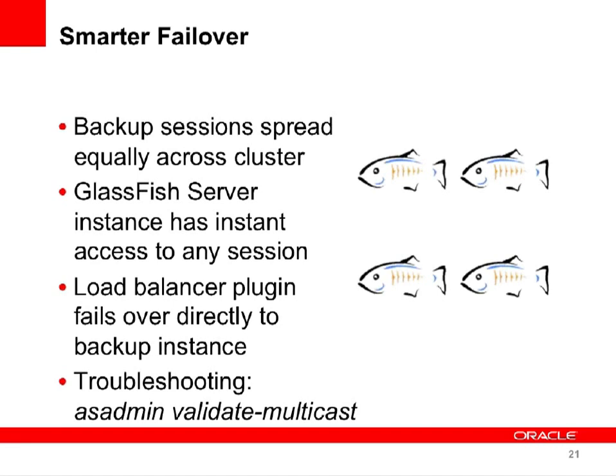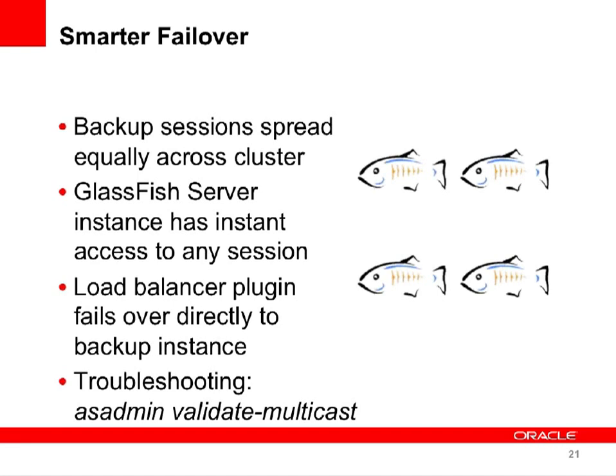And I should also mention that another thing we've done is, to quickly determine which instance has the secondary or backup session data, we use what's called a consistent hashing algorithm. So you can take the session ID and put it through the consistent hashing algorithm, and it'll come back with which instance that is running on.